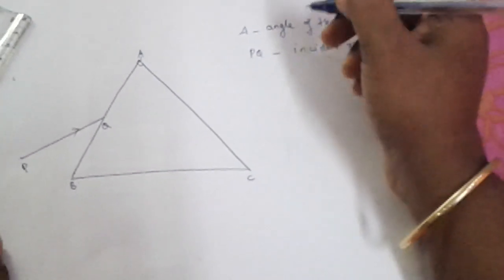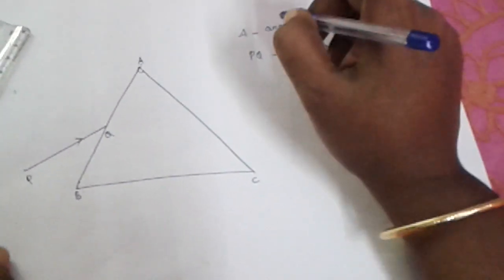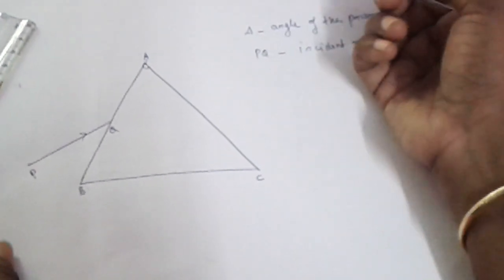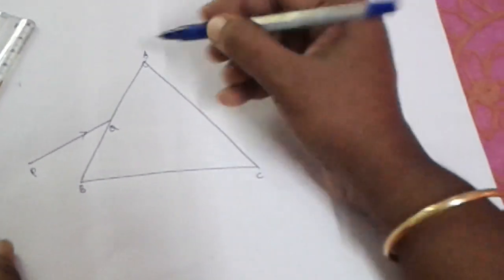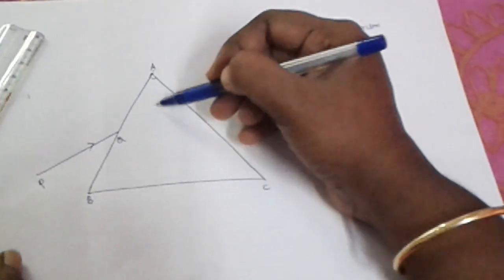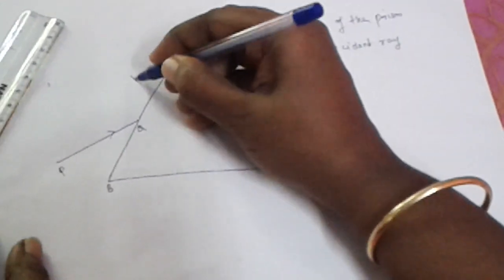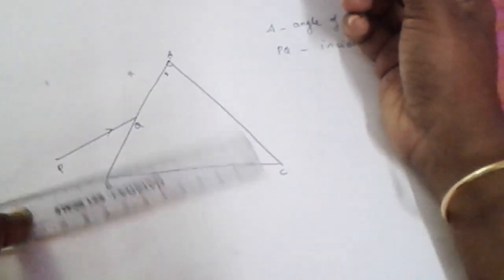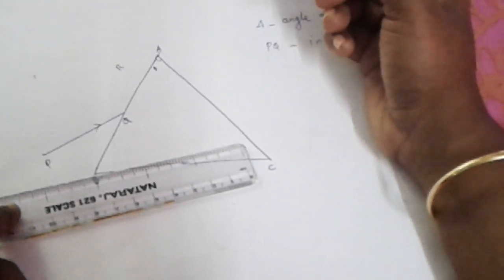We studied that when light travels from one transparent medium to another transparent medium, it undergoes refraction. Here it travels from air to glass, that is, rarer medium to denser medium. So in which direction will the light ray bend?